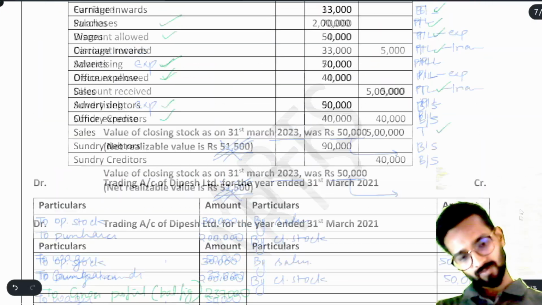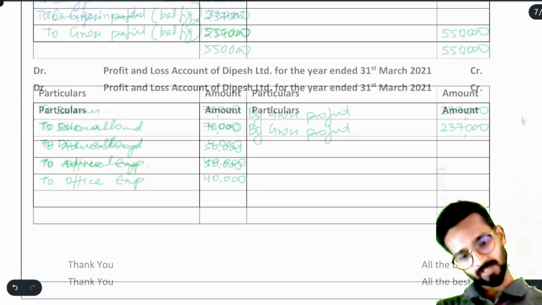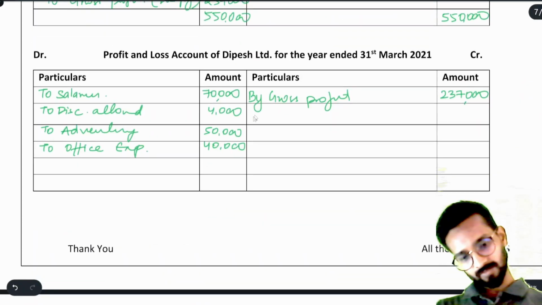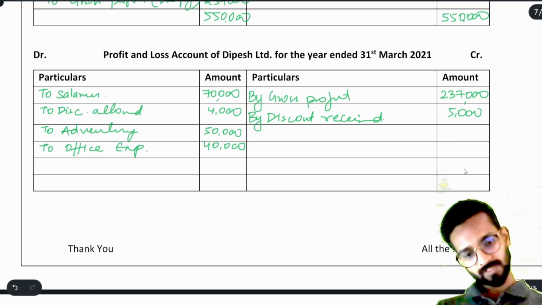After that, what was the fourth item we have? Discount received, that is our income, 5,000. So income will come here, "By discount received", 5,000. So the total of this side will be 2,42,000.